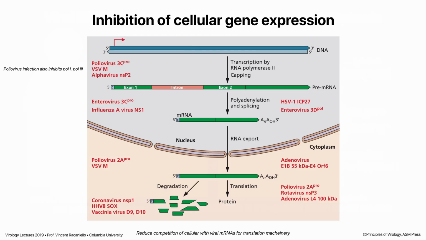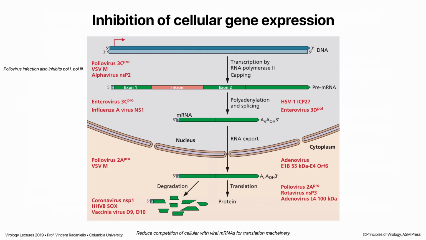Polyadenylation and splicing are inhibited by viral proteins, and RNA export is also inhibited by a number of viral proteins. Translation is inhibited by viral proteins, as we'll see in a moment. And there are some viral proteins that actually degrade the RNA, as I said before. Not only does the cell have enzymes to degrade RNAs, but viruses encode them as well.